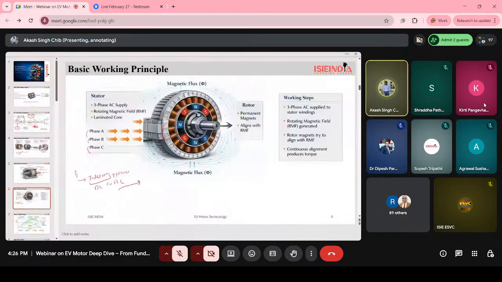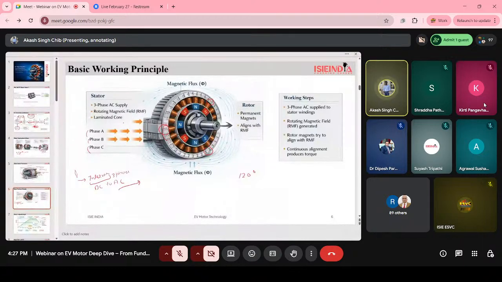These three phases are placed around 120 degrees in the stator. Do remember all these three phases are placed around 120 degrees in the stator part of the motor. Then comes the rotating magnetic field.